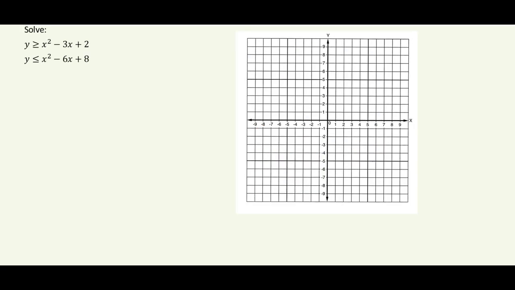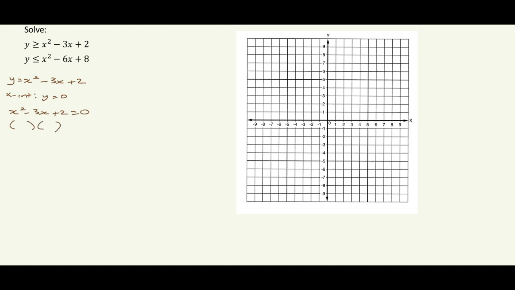Finally, we have this example. We start with y equal to x squared minus 3x plus 2. We look for the x-intercept, and there y equal to 0. So we have x squared minus 3x plus 2 equal to 0.